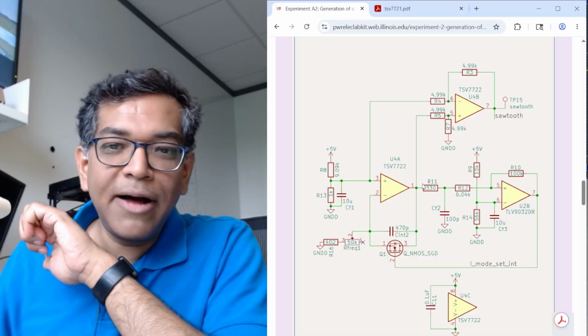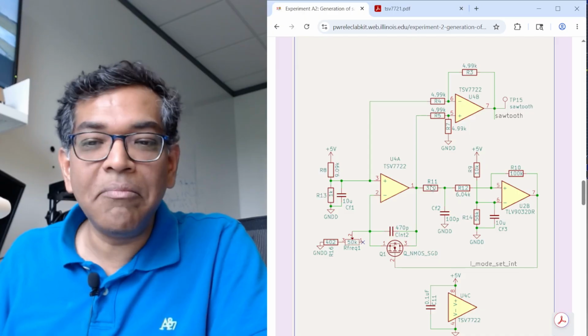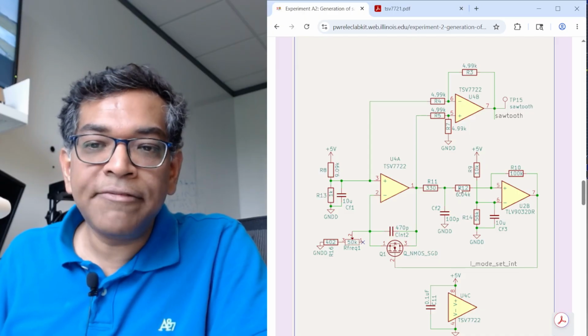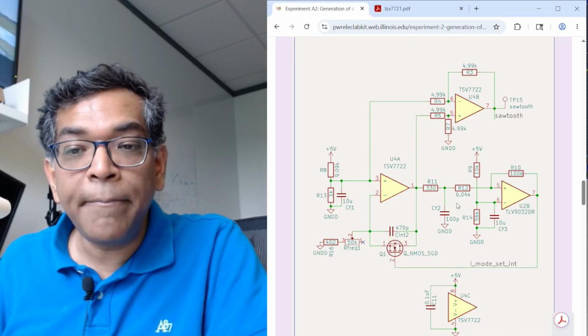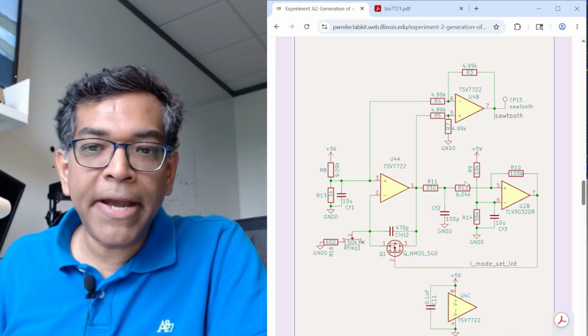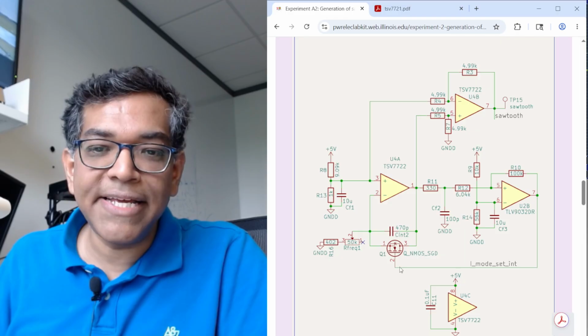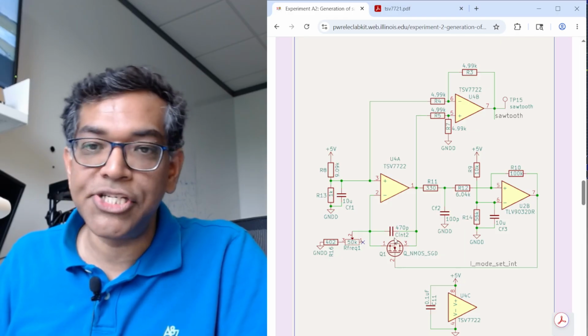Now what do we do? We go through a very small low pass filter so that we don't have much noise picked up here. After that, we go through a comparator which has some threshold around it, and depending on what threshold it crosses, we set this switch on and the capacitor discharges.